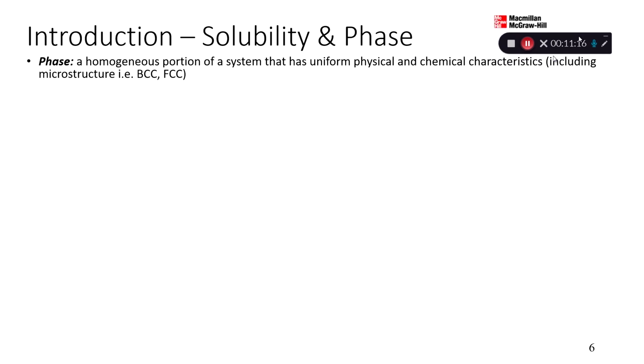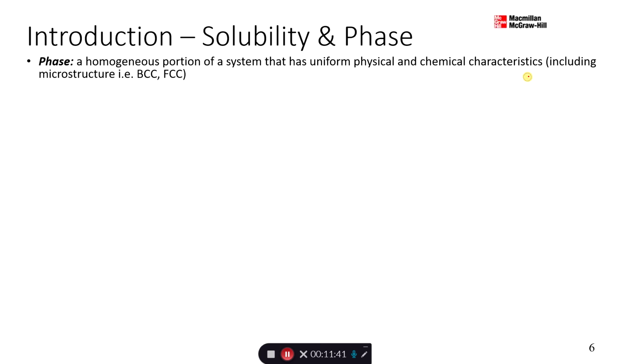Okay, so let's look at some phases related to solid solution. A phase is a homogeneous portion of a system that has uniform physical and chemical characteristics, including microstructure. So in solid phases, we divide it further into BCC, FCC, etc. Okay, I think I've mentioned this before.